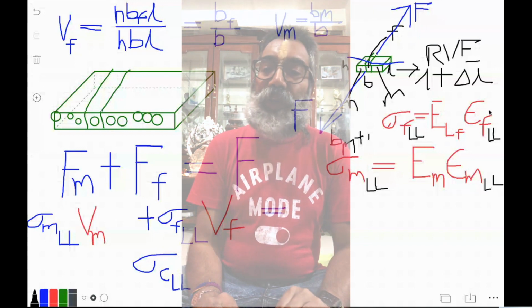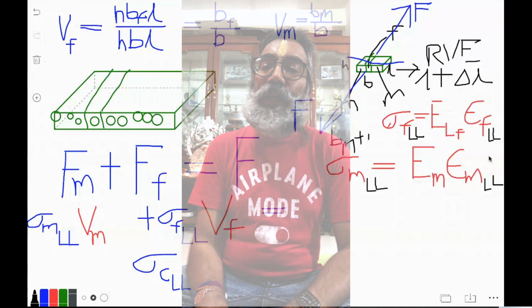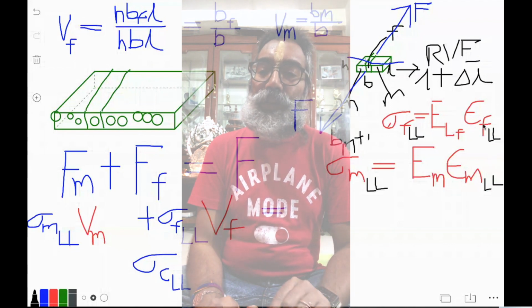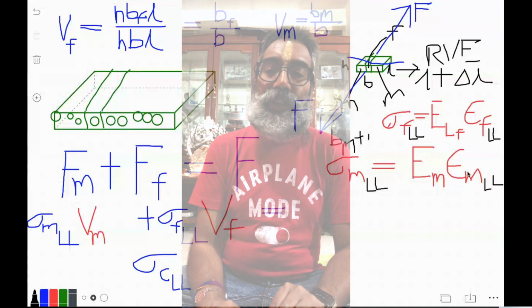That's the component that we are interested in, and we see that all of these are equal to delta L by L.